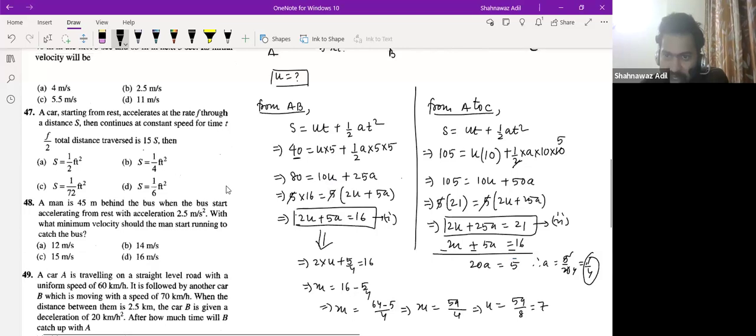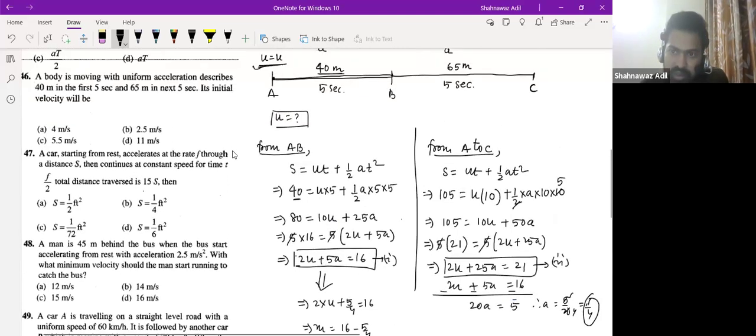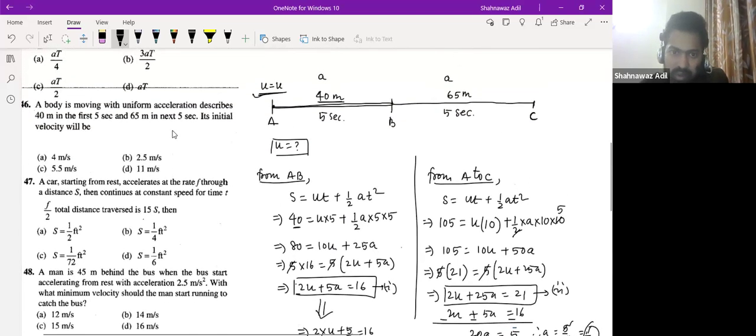Yeah, what did we miss in here? So in the first 5 seconds, 40 meters, and 65 meters in the next 5 seconds, right? So s is ut plus half at square, so that is 25 by 2, and this is 10, and this is 80.